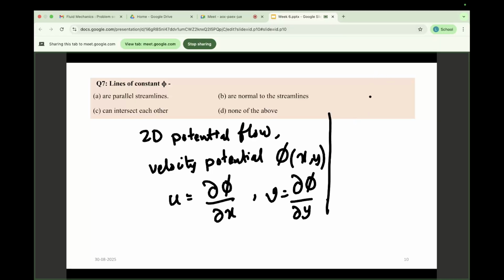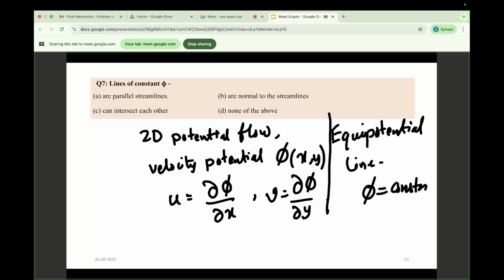Another thing, you have studied about the equipotential line. On an equipotential line, the potential should be the same. If someone says equipotential lines, that implies phi is constant, right?